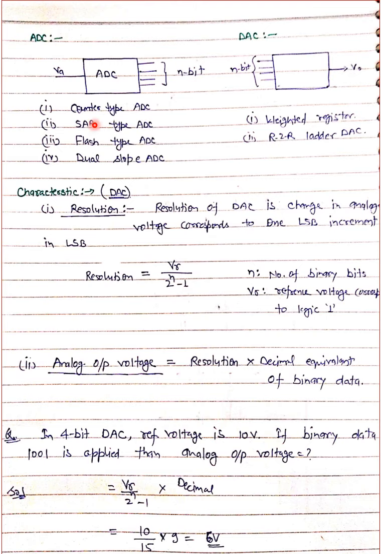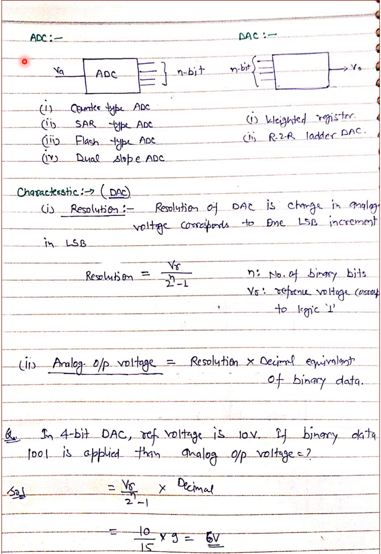So as you remember in last lecture, we have discussed the purpose of ADC and DAC because all the natural signals or physical signals are in analog form, and to process that in a digital system we have to convert that into a digital signal.